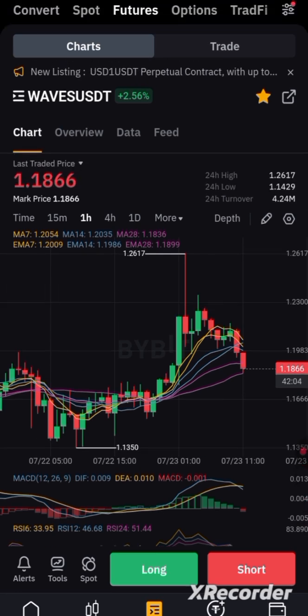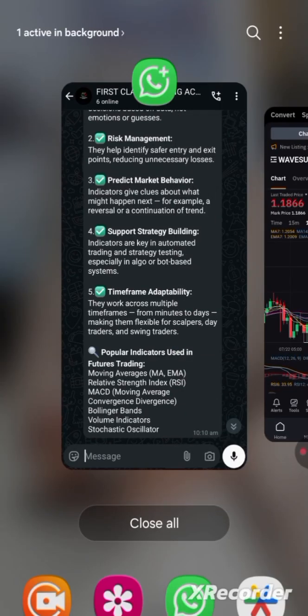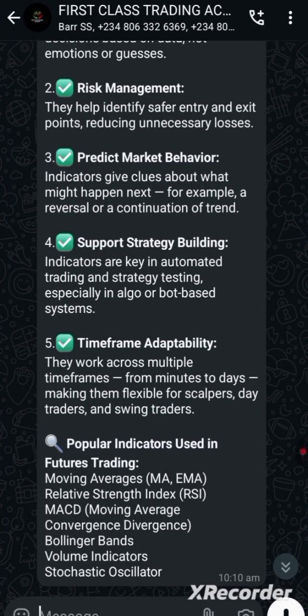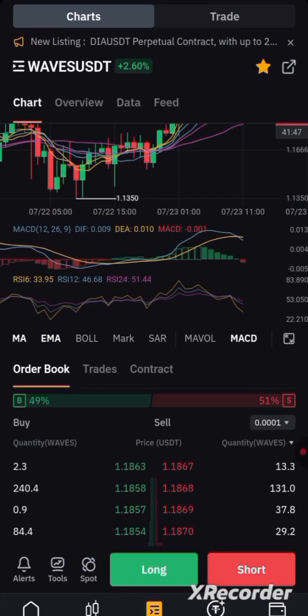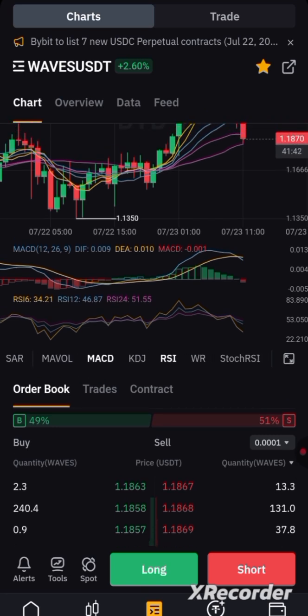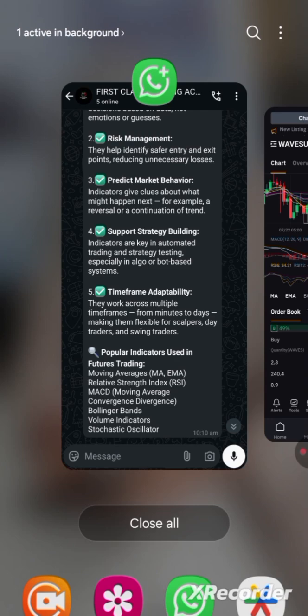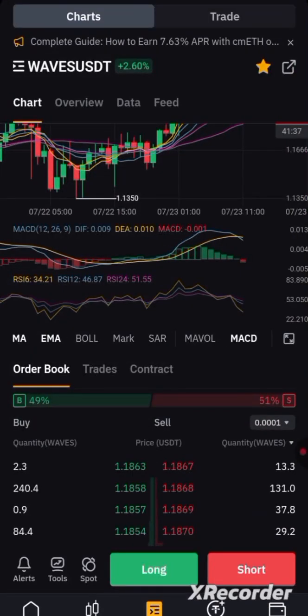And yesterday, I also explained some important, popular indicators to use: volume indicators, MACD, and other indicators. These volume indicators are here. I'm not sure I added it, but I had Bollinger here. Yes, this is Bollinger.